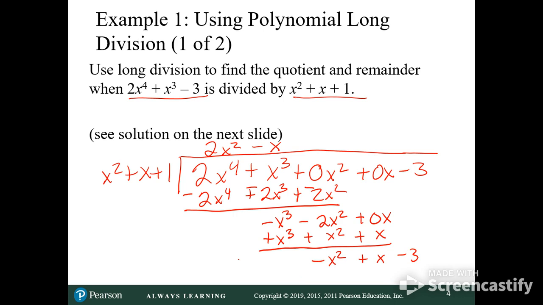All right. So then, what times x squared is negative x squared? Negative 1. So then you get negative x squared minus x minus 1.